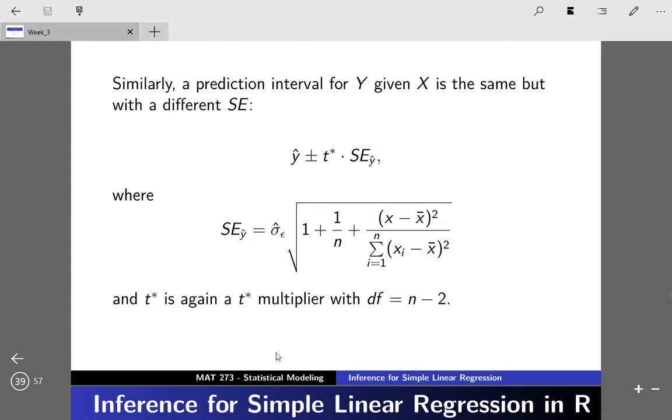So prediction intervals in general will always be wider than a confidence interval for the mean. So that's a key relationship again. A prediction interval for an individual response will always be wider than the corresponding confidence interval for the mean response.